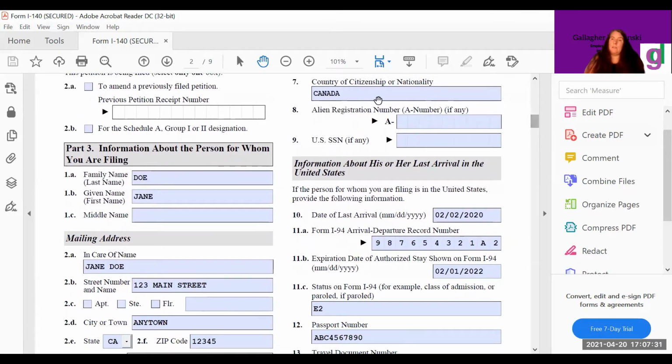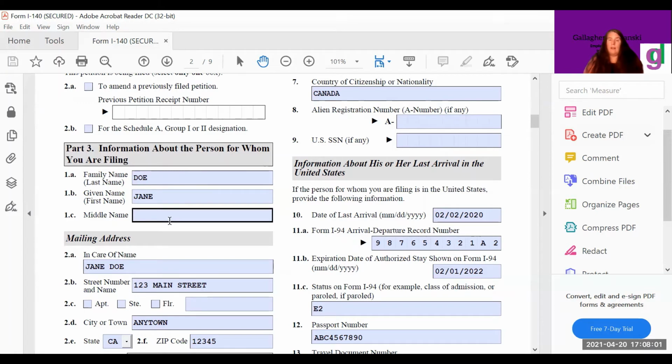You can skip down to Part 3, put your last name again, first name, middle name if you have one. You can do the care of and the address again, because on the first page you were filling out your name because you're the one petitioning. Now you're filling it out because it's about the person for whom you're filing, and that's you.